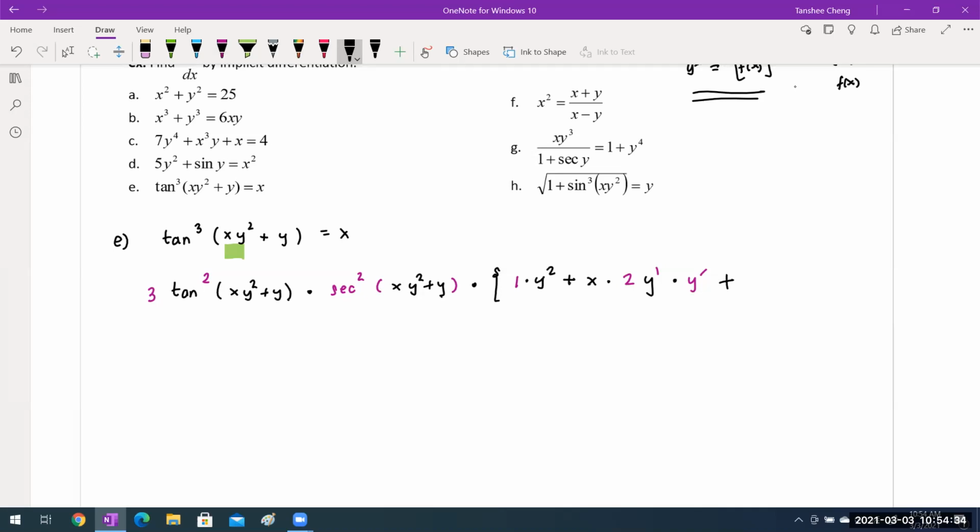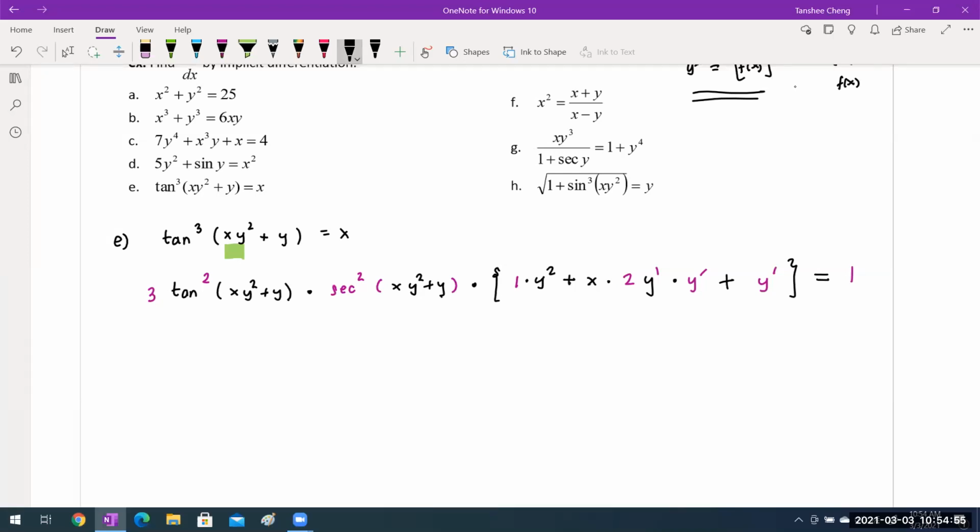So that will be plus the derivative of the second term, which is y by itself, so just y prime. And then I'm going to close the braces, and that will be equal to, on the right-hand side, the derivative of x with respect to x, which is 1.